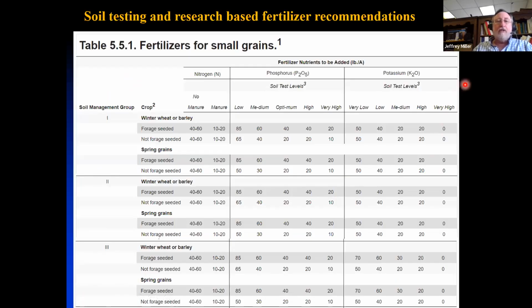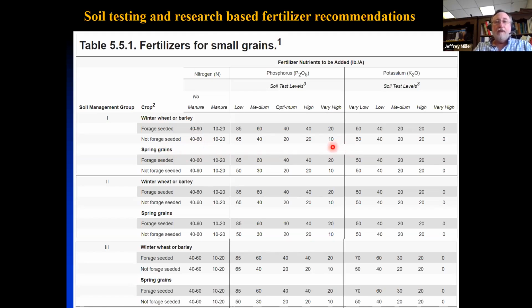So now this is a table taken right out of the Cornell guide. Again, it's the result of all those field studies and Morgan extraction. And these are the recommendations that you would get for, in this case, winter wheat, not forage seeded. The recommendation for nitrogen for conventional production would be 40 to 60 pounds of nitrogen per acre.